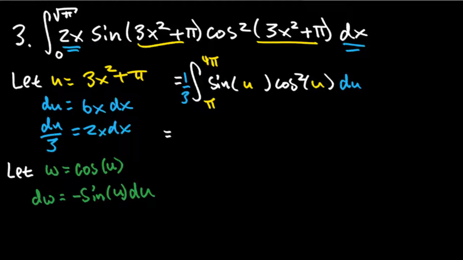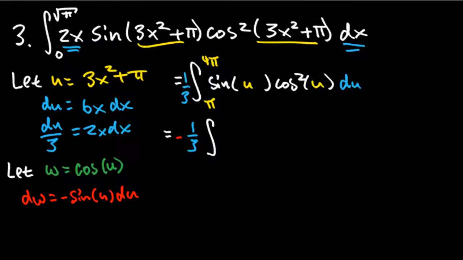Okay, so let's see. Now we're going to have, oh, I should have done that in a different color, red, just for color coding purposes. So that 1/3 is going to become negative as a result of all this. Now the limits of integration are also going to change.